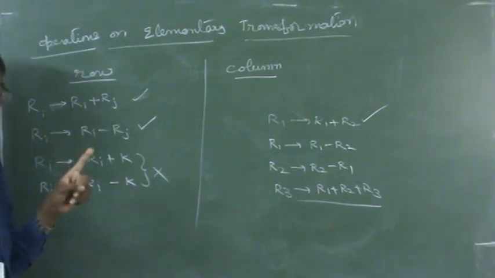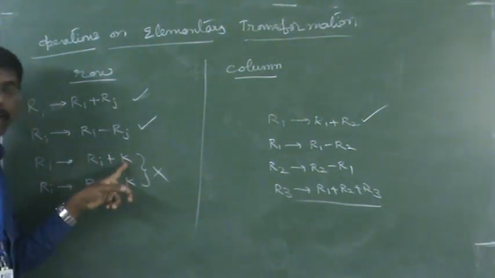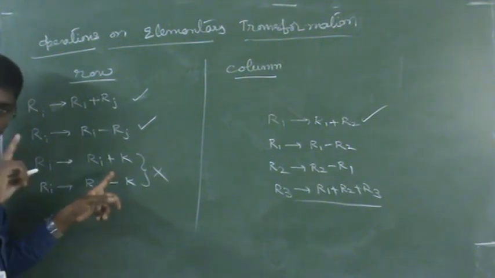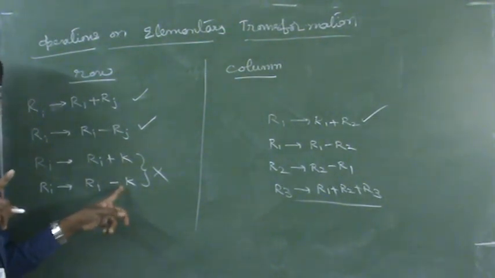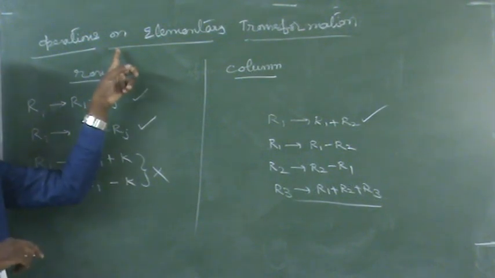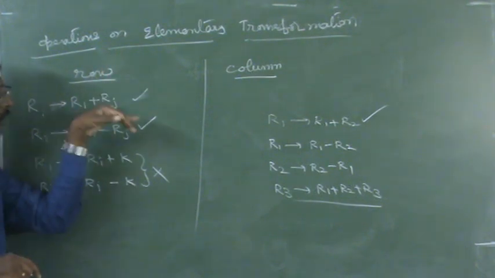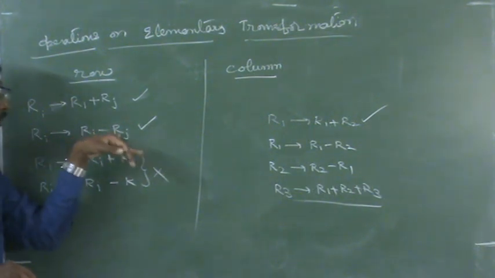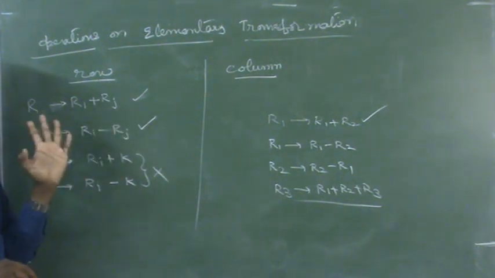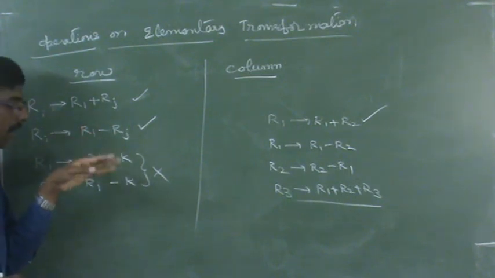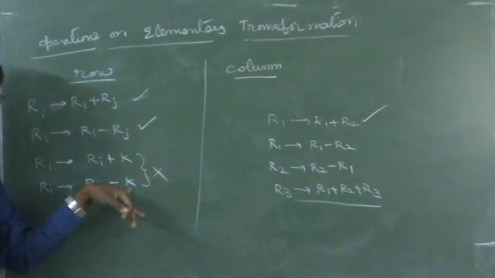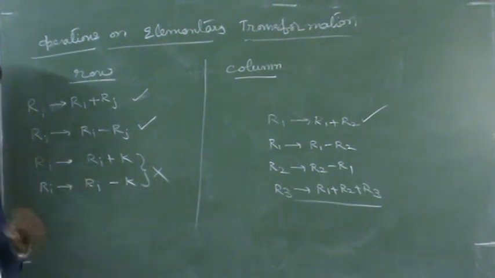Adding one number to an entire row or subtracting one number from an entire row does not exist in elementary transformation. Adding or subtracting one full row is fine, there is no problem. But adding or subtracting a constant does not exist.